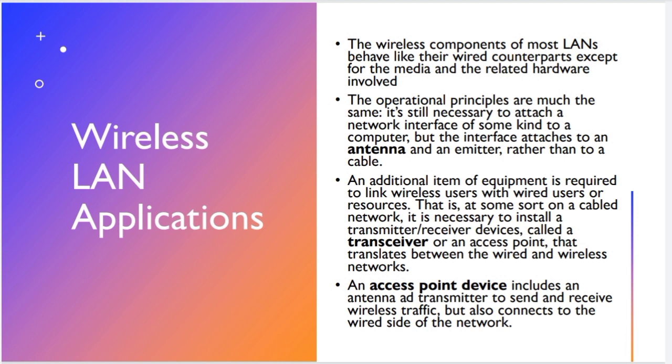That is, at some point on the cable network, it is necessary to install a transmitter or receiver device called a transceiver or an access point that translates between the wired and wireless networks. An access point device includes an antenna and transmitter to send and receive wireless traffic, but also connects to the wire side of the network.